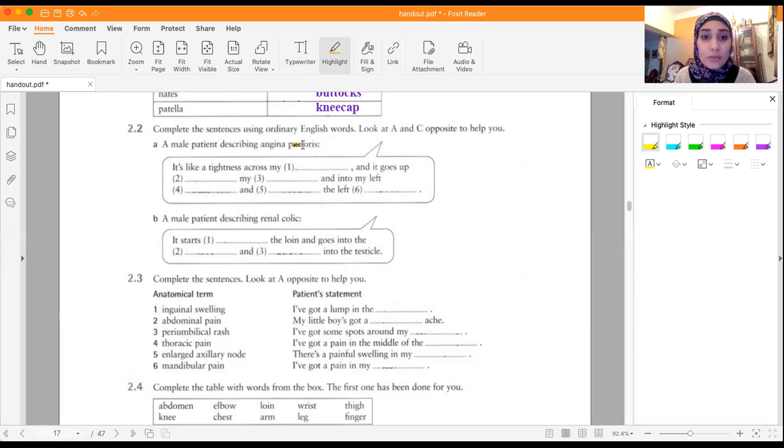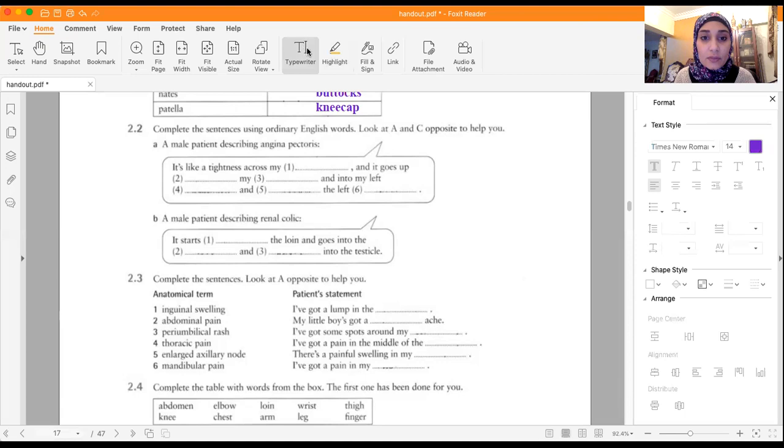Alright, so angina is any attack of painful spasm characterized by sensation of choking or suffocating. Alright, so here the main pain will be in the chest. For the angina pectoris, the main pain will be in the chest.